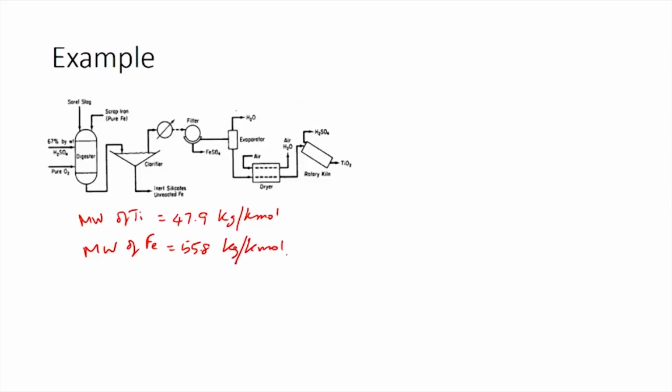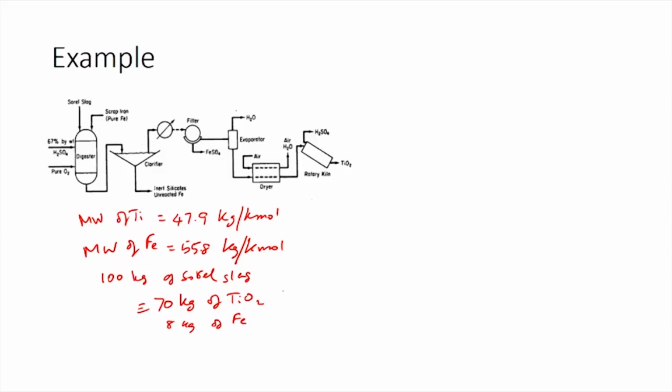So, now that we have this, we have to calculate the number of moles of TiO2, iron and H2SO4 that are being fed. So, we know that 100 kilograms of sorrel slag is entering. This contains 70 kilograms of TiO2 and 8 kilograms of iron, and the rest is inert silicates.